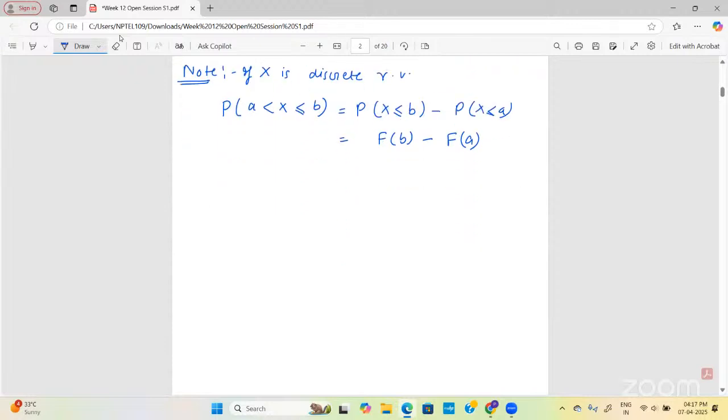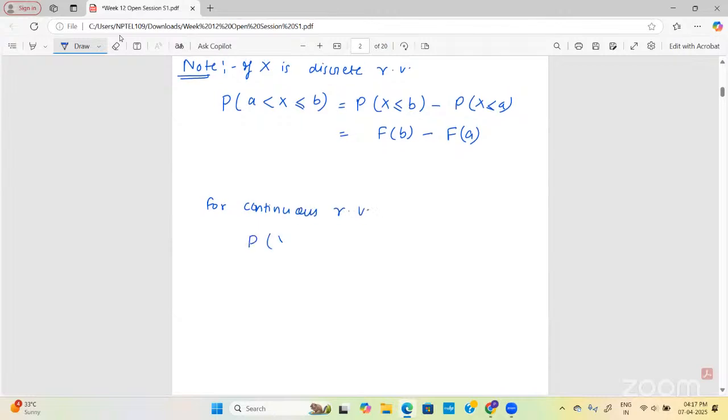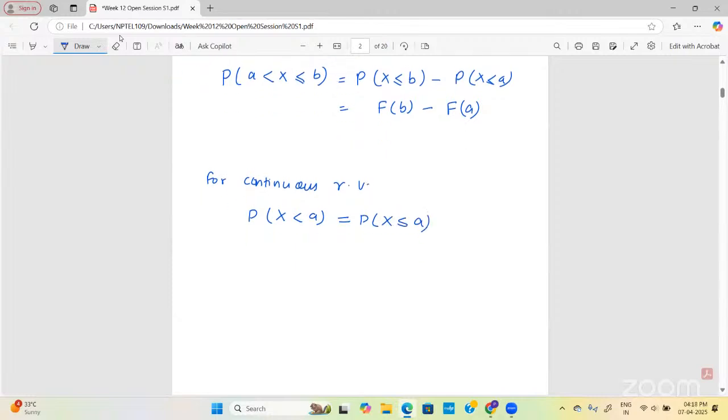And for a continuous random variable also, this rule follows, but you know that for a continuous random variable, the probability that x is less than a is the same as the probability that x is less than or equal to a. Why? Because the probability at a single point is zero for a continuous random variable.